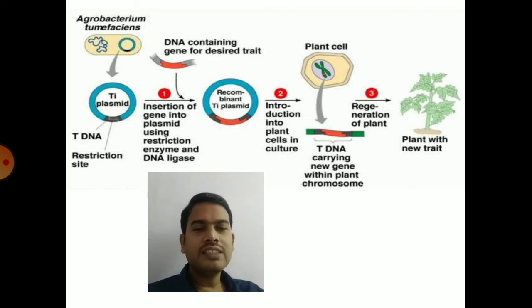Those cry genes are taken and inserted into the Ti plasmid of Agrobacterium tumefaciens. Agrobacterium tumefaciens contains a Ti plasmid, and it causes crown gall disease in dicot plants.